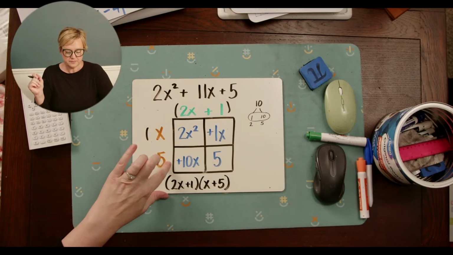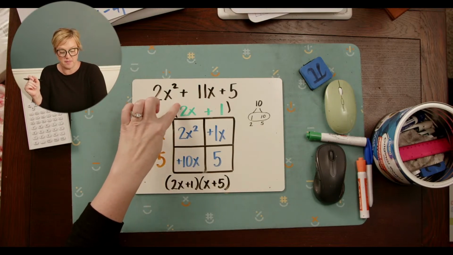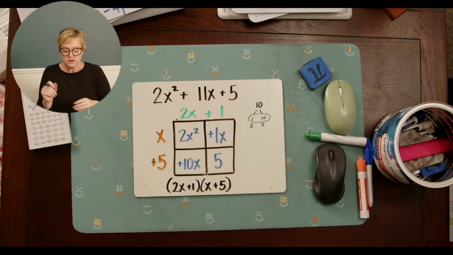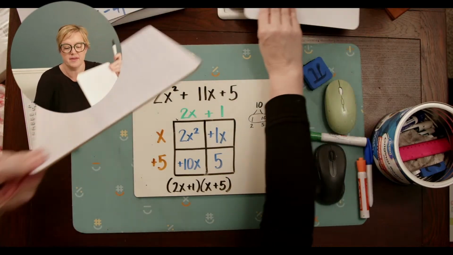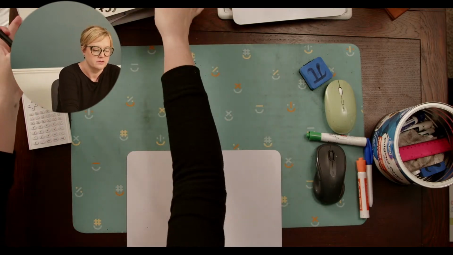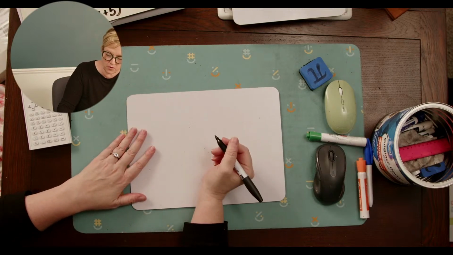All right, so somebody asked for completing the square with the area model, and then we'll get into synthetic division of polynomials. Completing the square with the area model is literally completing a square.